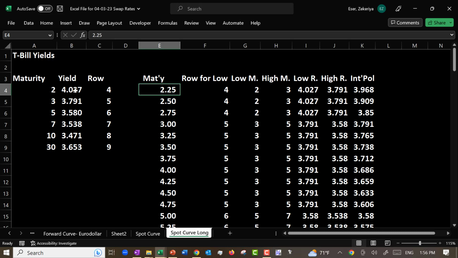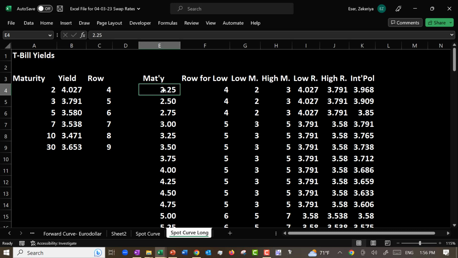And the weights are determined by how far away you are from the 2 known values that bracket what you want. So in this case, the 2-year rate should have 3 times as much weight as the 3-year rate, because the entire interval is a year long. This is only a quarter.